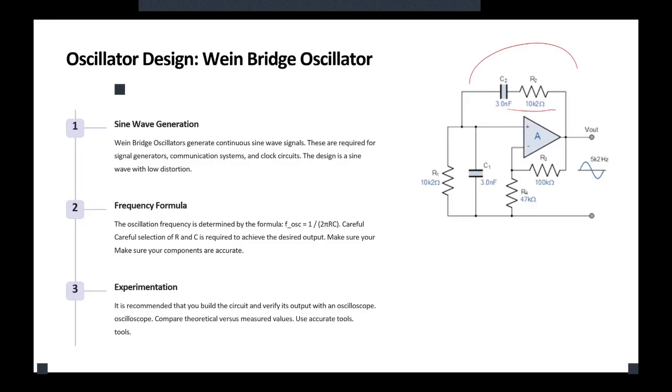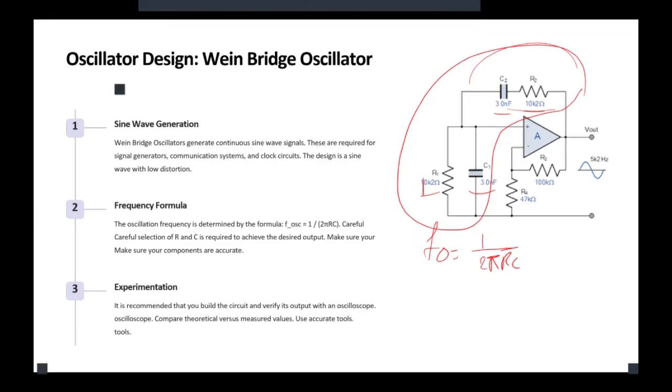Now, how can we calculate the frequency? The frequency of the sine wave, let's call it F0, the frequency of oscillation, is set by the two resistors and two capacitors that form the Wien bridge. If the resistors are equal and the capacitors are equal, as you can see here, the oscillation frequency becomes 1 over 2 pi RC.